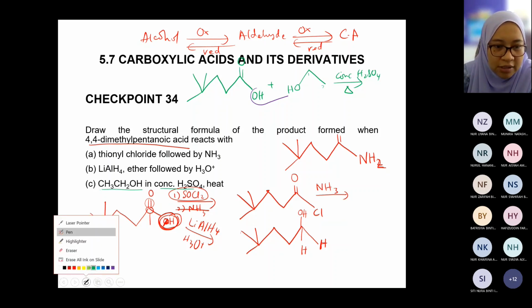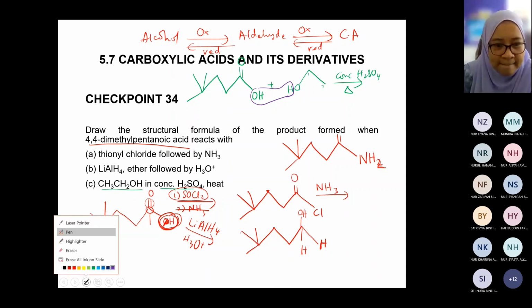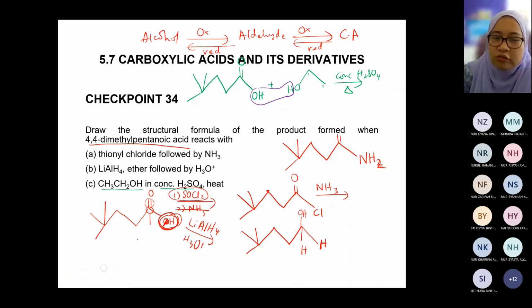Right, so when water is removed, the OH from the carboxylic acid combines with hydrogen from the alcohol and produces water, and they basically combine.